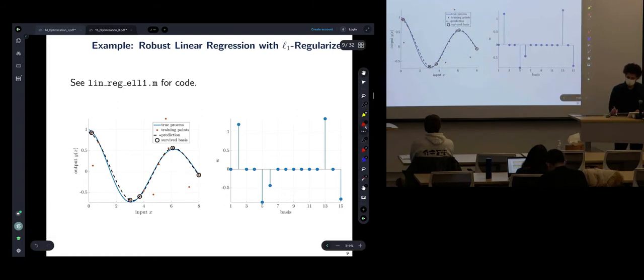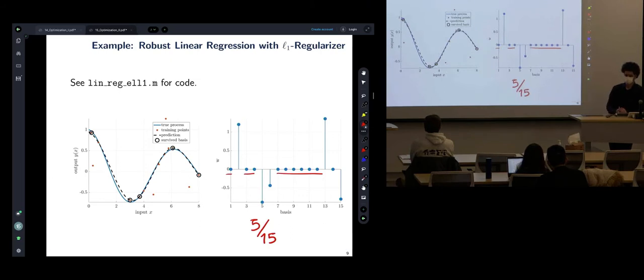As you can see, a lot of weights are 0. Out of 15 weights, we are only using 5 weights. So 1/3 of weights are non-zeros, 2/3 of weights are zeros.